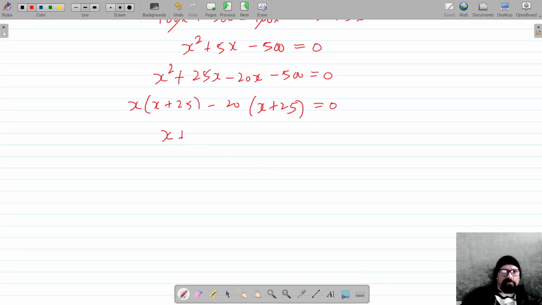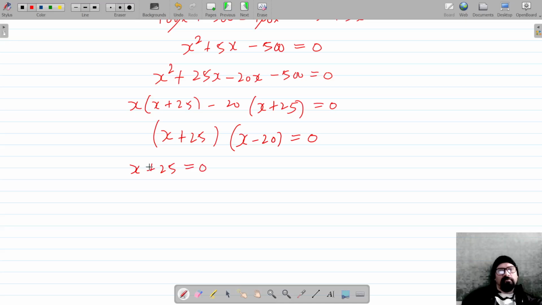So x plus 25 is common, and this is x minus 20 is equal to 0, which gives me either x plus 25 is equal to 0 or x minus 20 is equal to 0, which is x is equal to 20 and x is equal to negative 25.